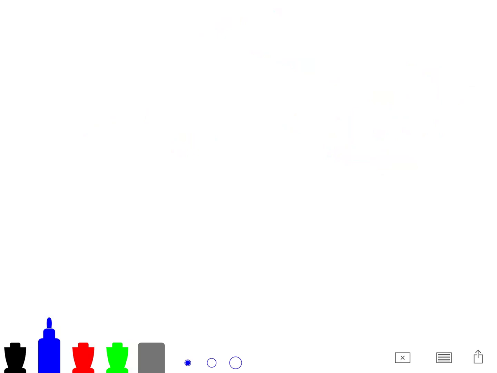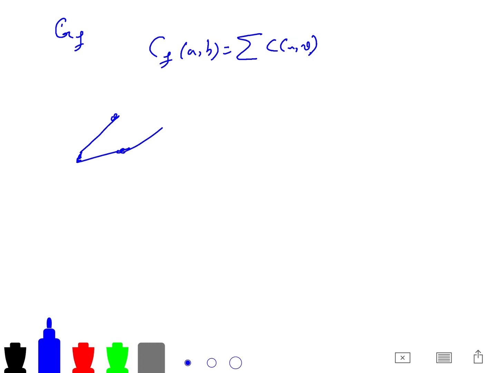We can define the capacitated graph G of f on K that results from the function f, where C f of a and b is the sum of C of u and v.